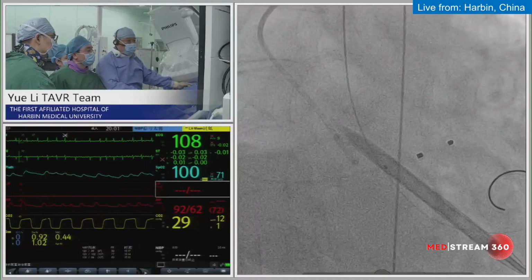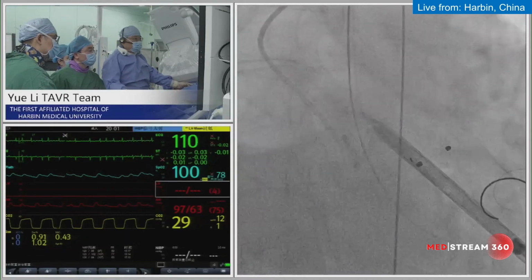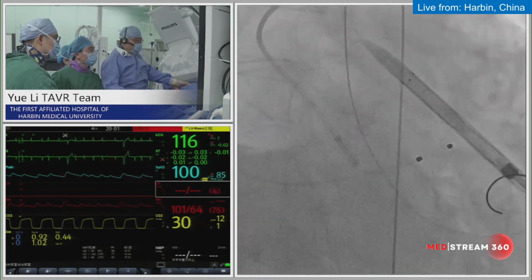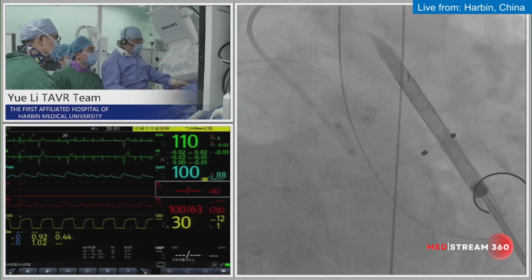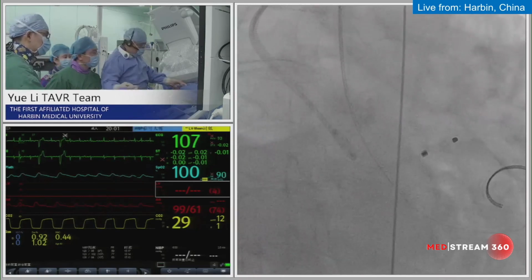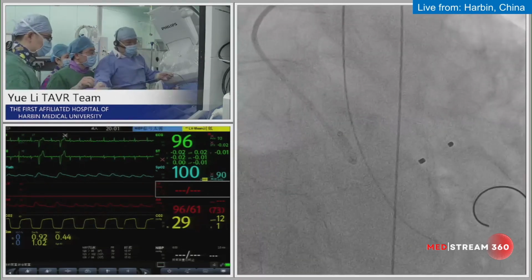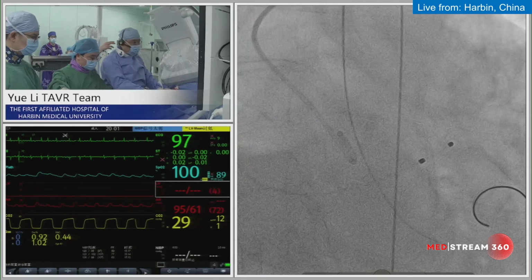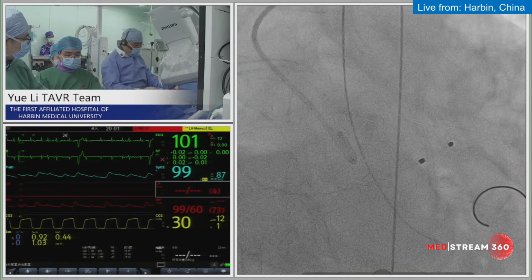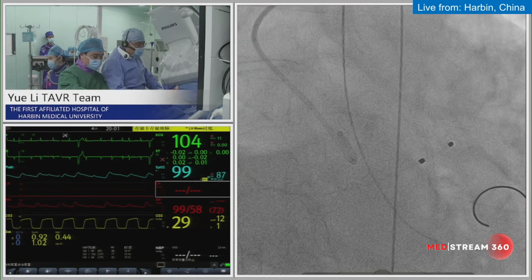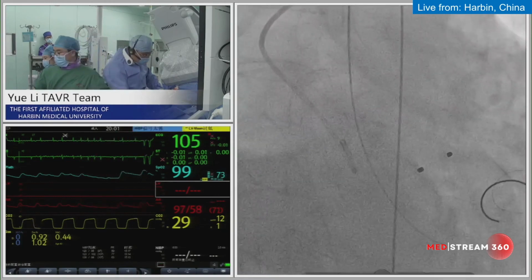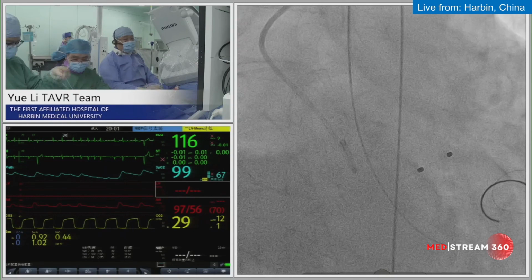Now we check the valve. The Taurus Elite valve delivery system has been pushed into the access. Okay, we have checked the aortic delivery system under the DSA.